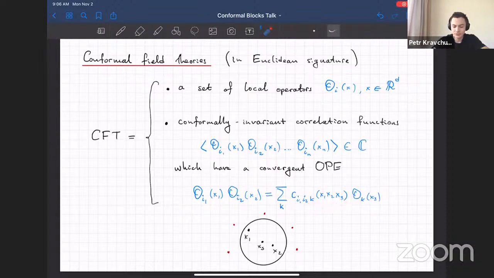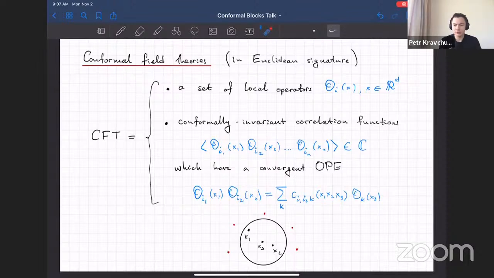If the original operators are at points x1 and x2, and the operators we replace them by are at x3, then this expansion should converge whenever x1 and x2 are the only operators inside some sphere drawn around x3. We'll get a bit more into the detail of that later. But this is what will be meant by a conformal field theory for this talk.